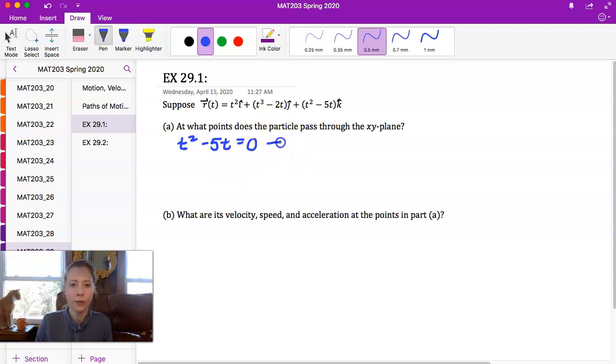Let's pull out a t to find the solutions. That's equivalent to t times t minus 5. So the particle will pass through the xy plane at t equals 0 and at t equals 5.